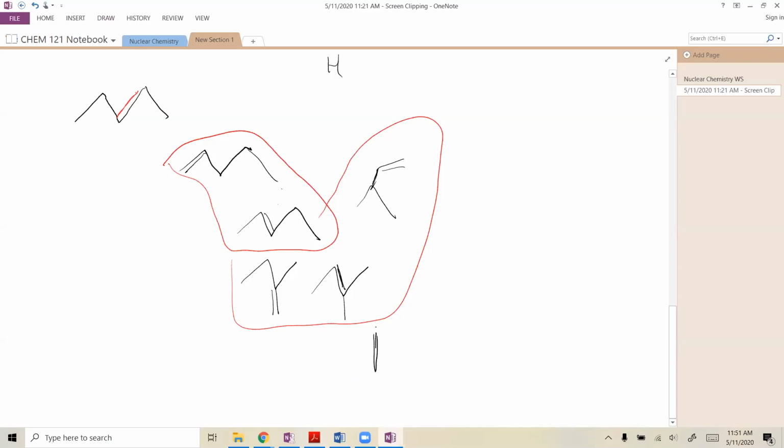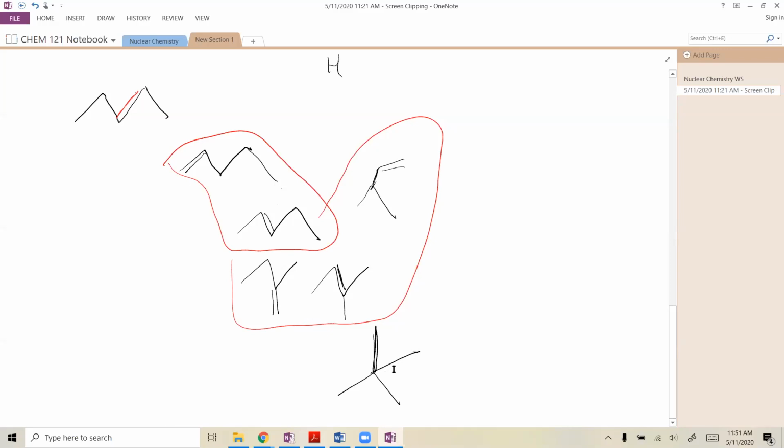What happens if we're connected like this? Is there any way that we can make a double bond? No, right? Because if we make a double bond, then that carbon is going to have 5 bonds, and it's going to be too many.